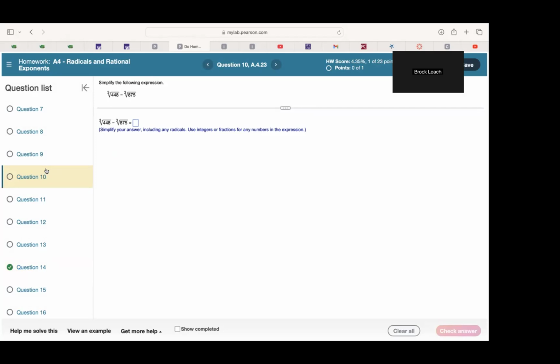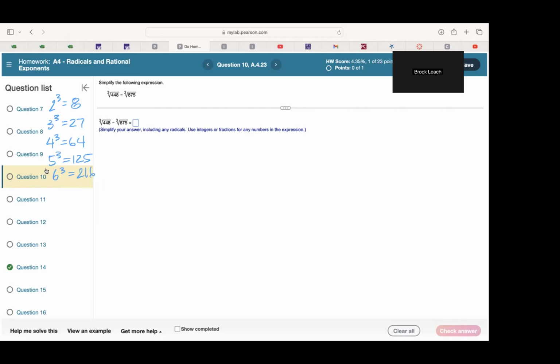We know 2 cubed was 8, 3 cubed is 27, 4 cubed is 64, 5 cubed is 125, 6 cubed, 36 times 6 is 216.